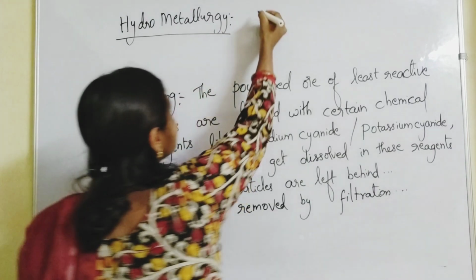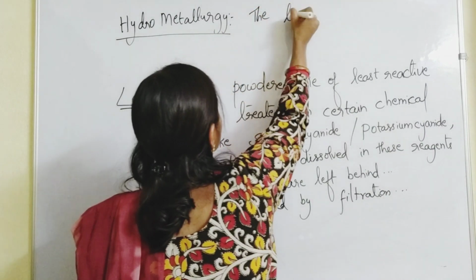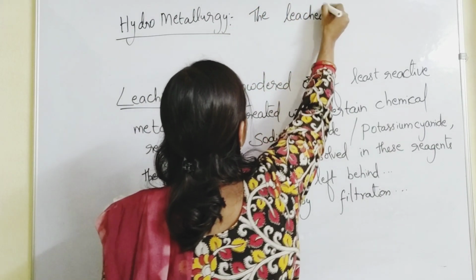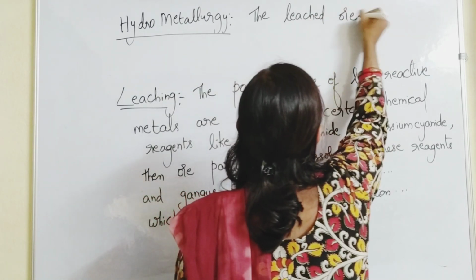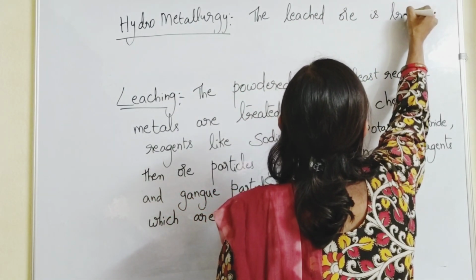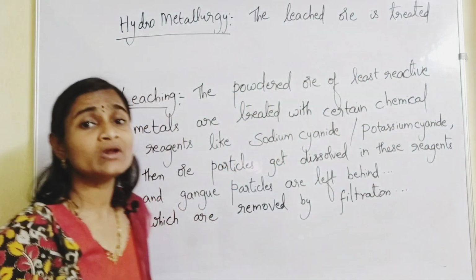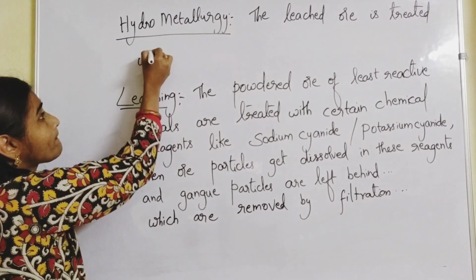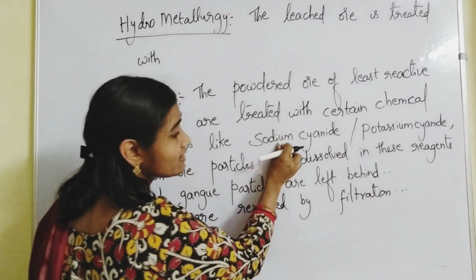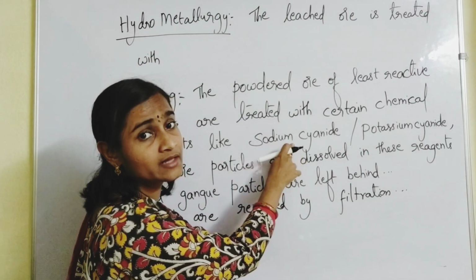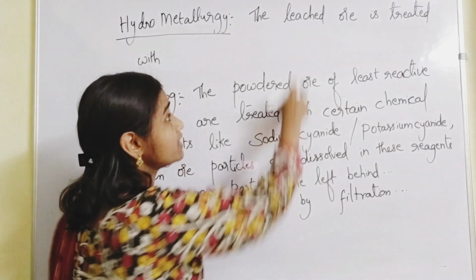What is hydrometallurgy? The leached ore is treated with, leached ore means the reaction of ore with sodium cyanide, that is the leached ore.